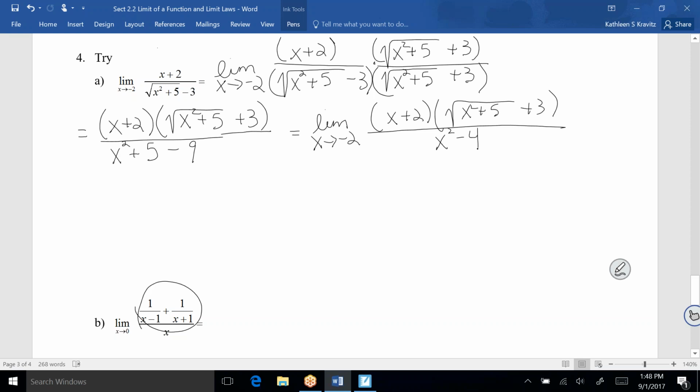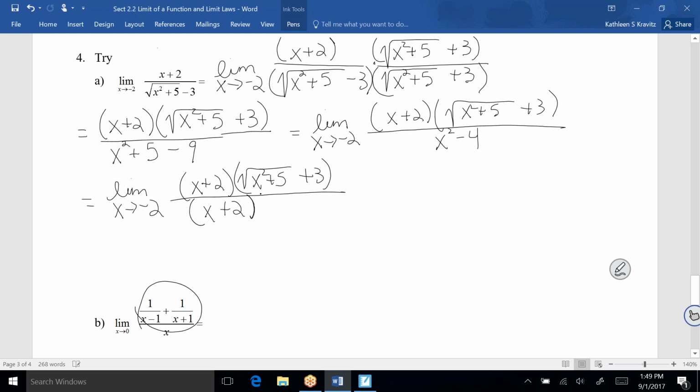And then we can see that this is going to behave just like that last problem that we did, because the denominator, again, is going to be the difference of two squares that we can factor. And that denominator is going to factor as x plus 2 times x minus 2.